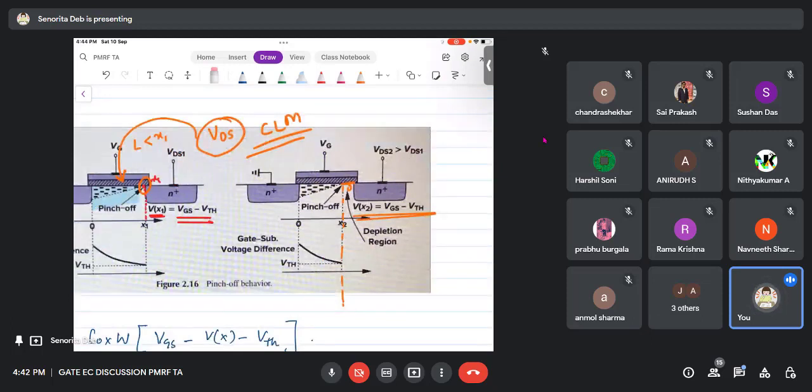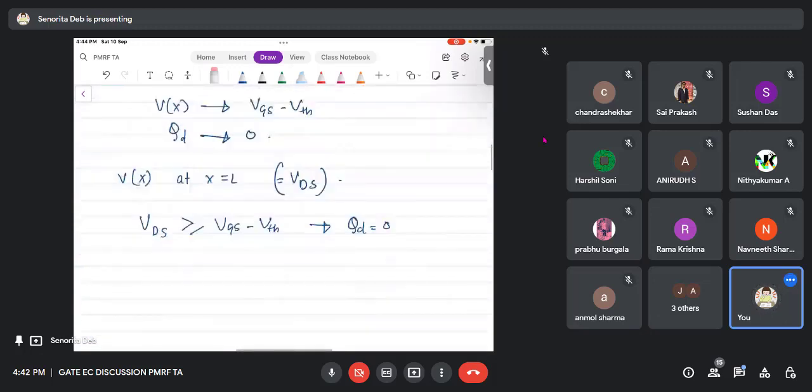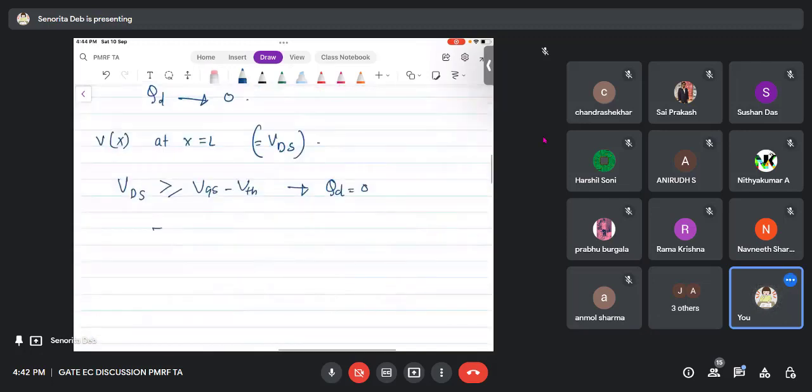From here we arrive at this equation: ID equals half mu n COX W by L, that we saw, (VGS minus VTH) VDS minus VDS square. Now I am saying that VDS has become equal to VGS minus VTH.